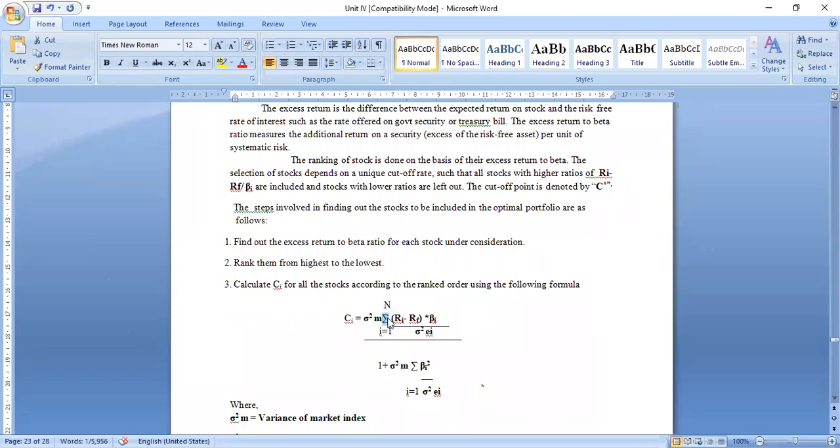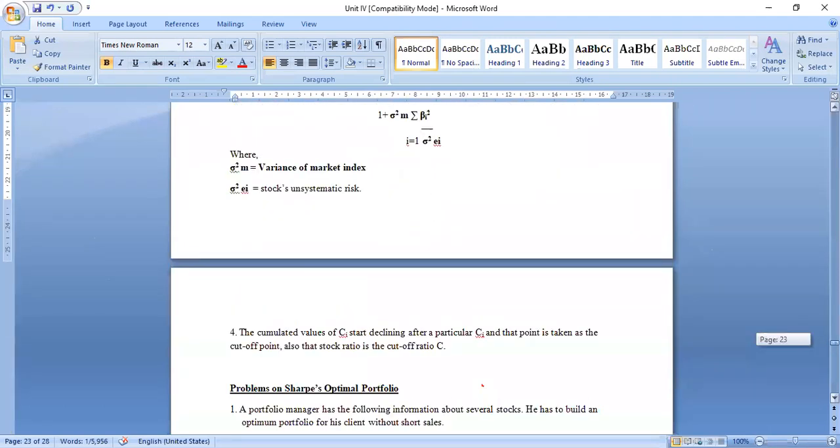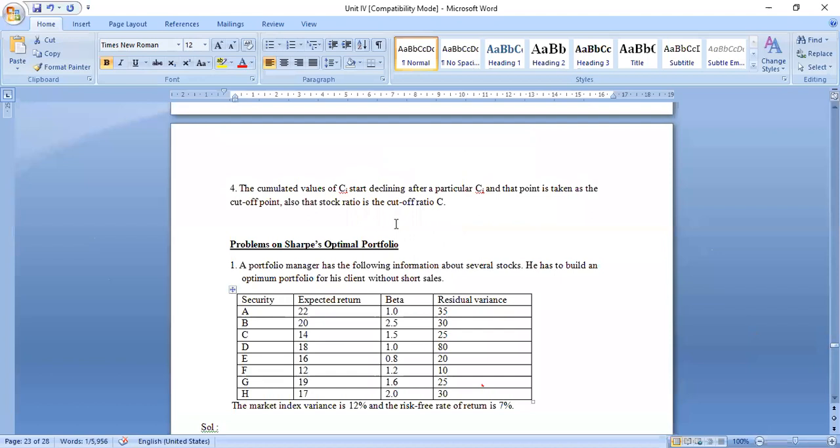This summation is helping us to calculate the cumulative values. So the cumulated values of Ci start declining after a certain point, and that point is taken as the cutoff point. Yes, so what I was telling about C star. Once we calculate the values for Ci, then we can define the cutoff point or the cutoff rate. Also that stock ratio is the cutoff ratio C.